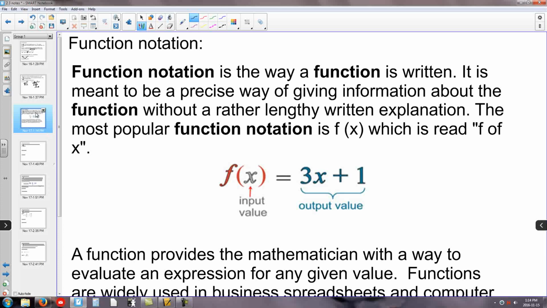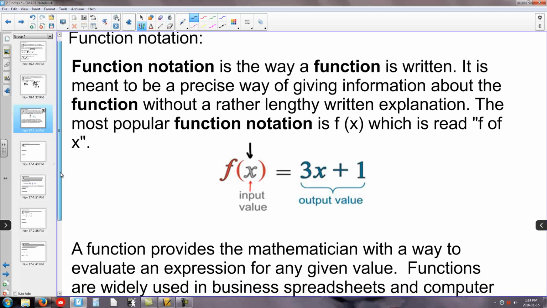Function notation is just a way to write it, to tell everybody this is a function, and be able to do some really simple substitutions. f being a function of x, x being what we're going to put into the function, produces, and this is the output, 3 times the input plus 1.